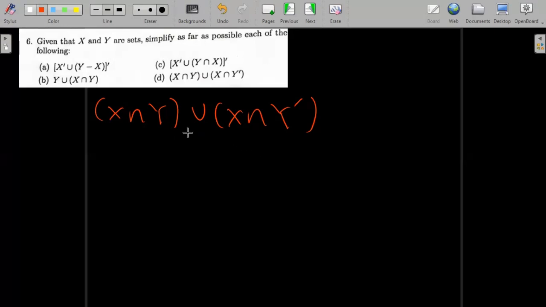If you can see, you have an X intersect here and X intersect there. You can factor out that X intersect, then you have your Y here, union, and the Y complement there. This is what you're going to have.